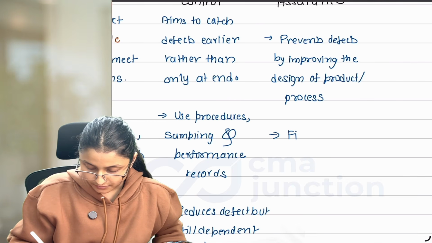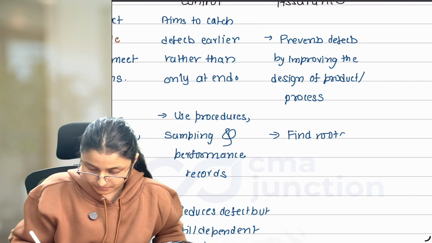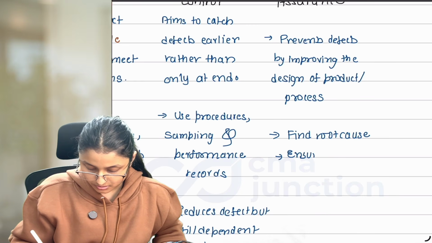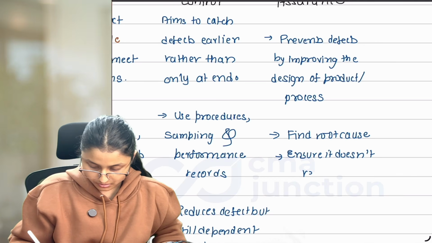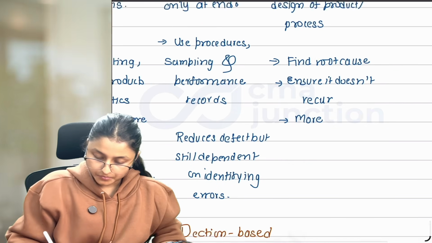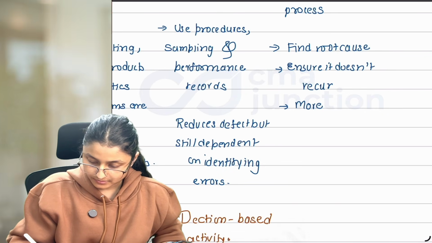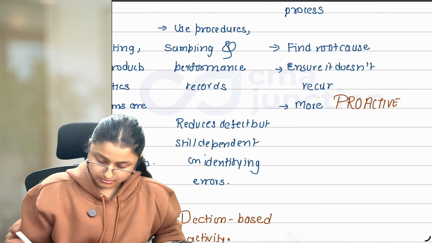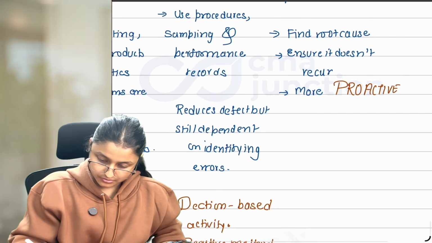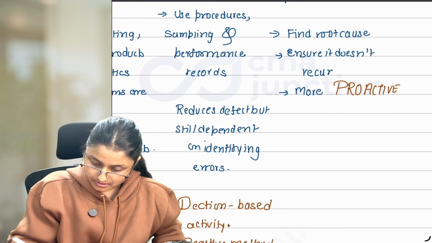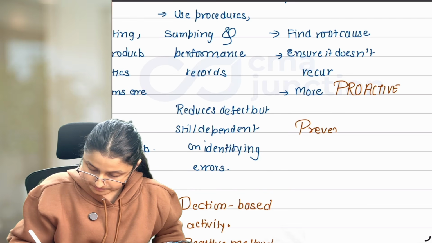For that, first we will find out the root cause. Then we ensure it doesn't recur. This is more proactive. This is not a reactive method. This is a proactive method. We can call it a prevention based system.